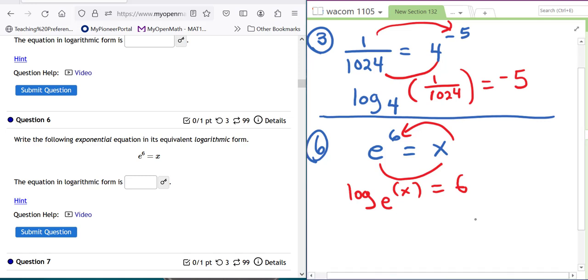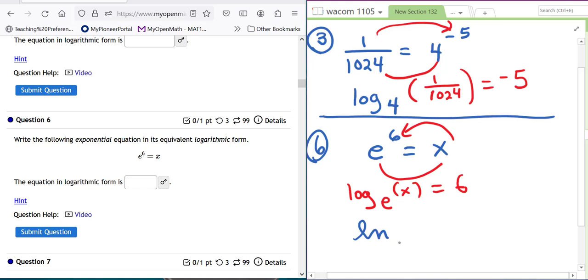The normal way to write this, anytime you use E, so your two bases that you're going to use a lot are base 10 and base E. Those are the ones that your calculator uses. Common log is base 10, that's log. Natural log uses base E, and on your calculator, and I'm always going to use a cursive L so that it doesn't look like a 1, it's ln on your calculator.